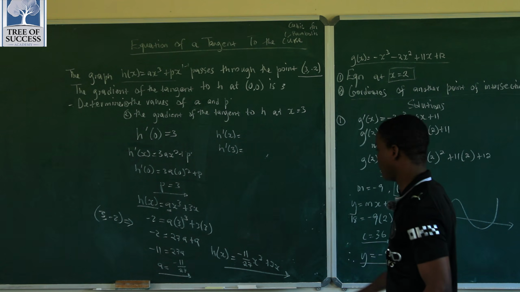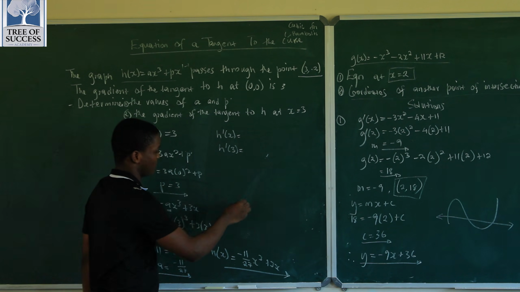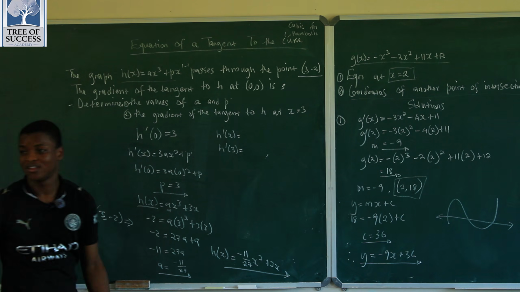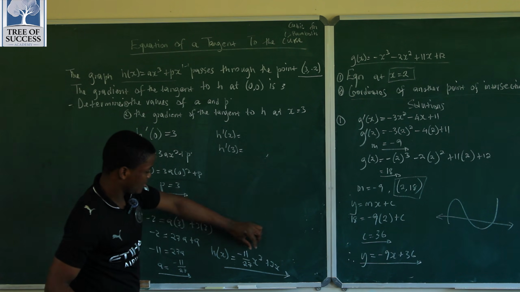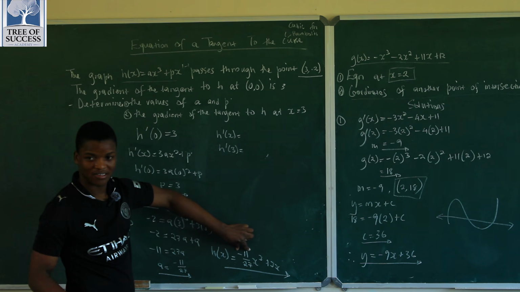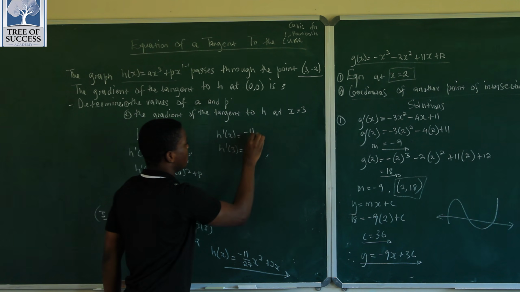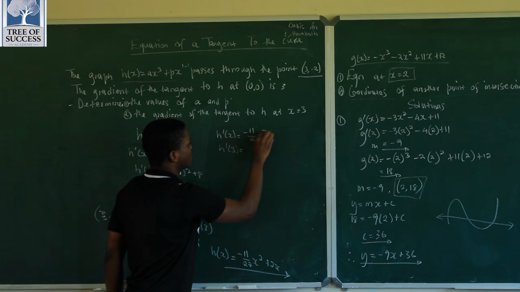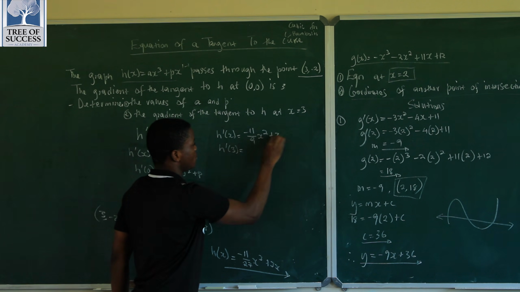Okay, let us derive here. What is the derivative of this function? What is 3 times -11 over 27? It is negative 11 over 9 x squared, right? The derivative of 3x is 3, right?